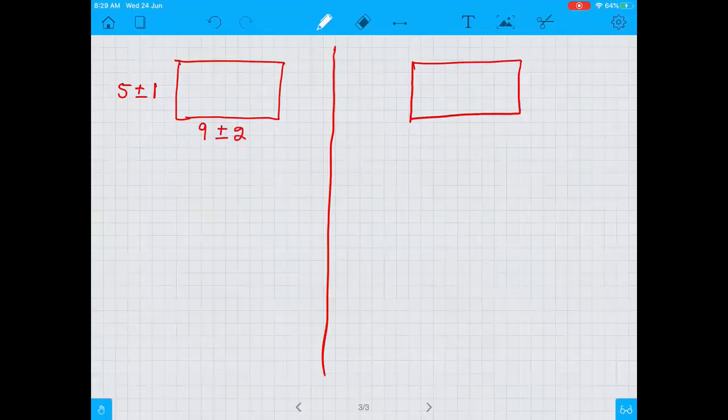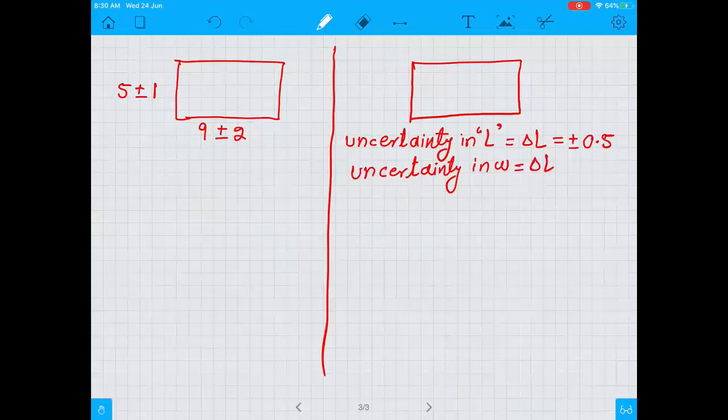Here, the situation is uncertainty in length, that is delta L is plus minus 0.5. Uncertainty in width, delta W is plus minus 0.7.